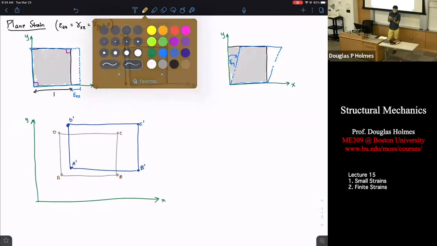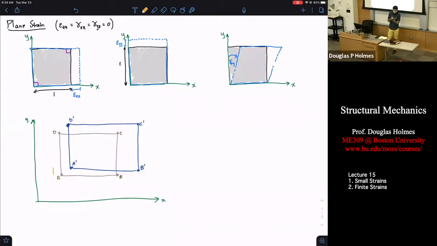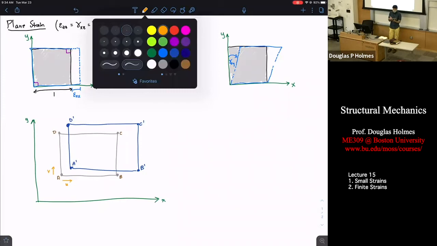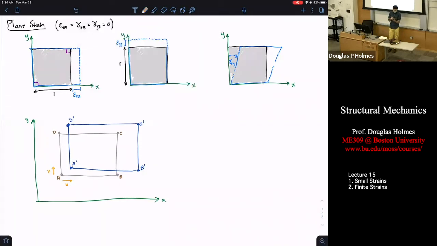We say, okay, let's look at point A, it moved the distance v. Remember, v is our displacement in the y direction. That's the y direction. It moved a distance v, and point A moved a distance u in the x direction. We can get a little bit more careful here, and we can say, again, we're going to think in terms of some finite distance.